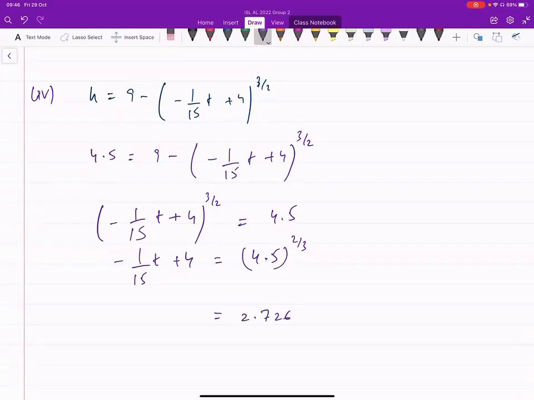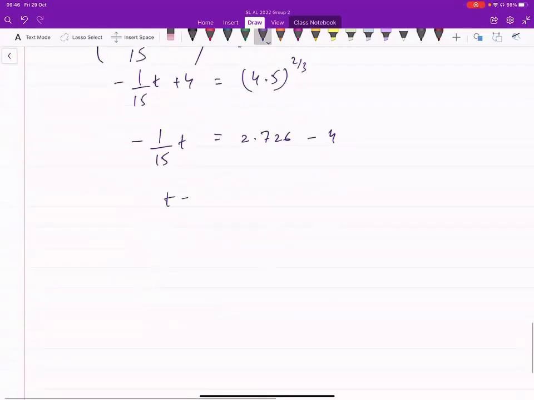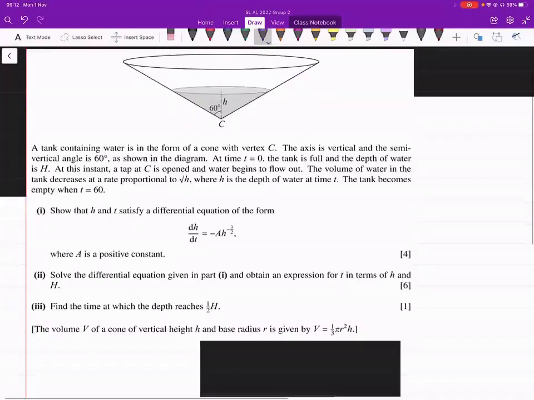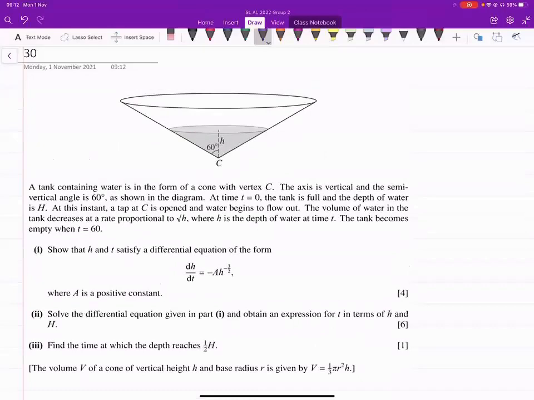Okay, 2.726 here. I've got -1/15 t on the other side. 4 भी यहाँ पर आ गया. And then you find t from that. t की वैल्यू क्या आती है? So t equals 19.11.